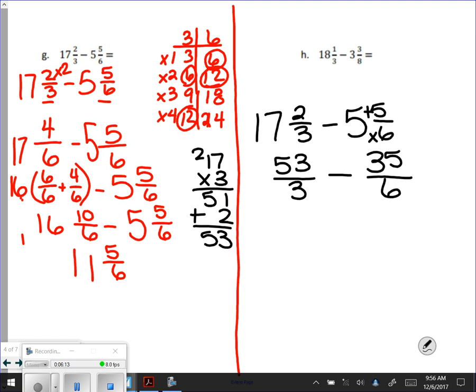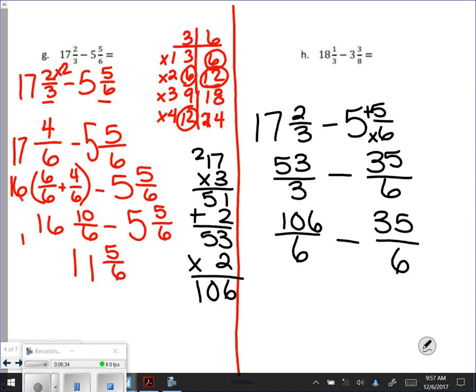Still have to give it a common denominator of 6. So now I have to multiply 53 times 2. 106. Not pretty. I know.